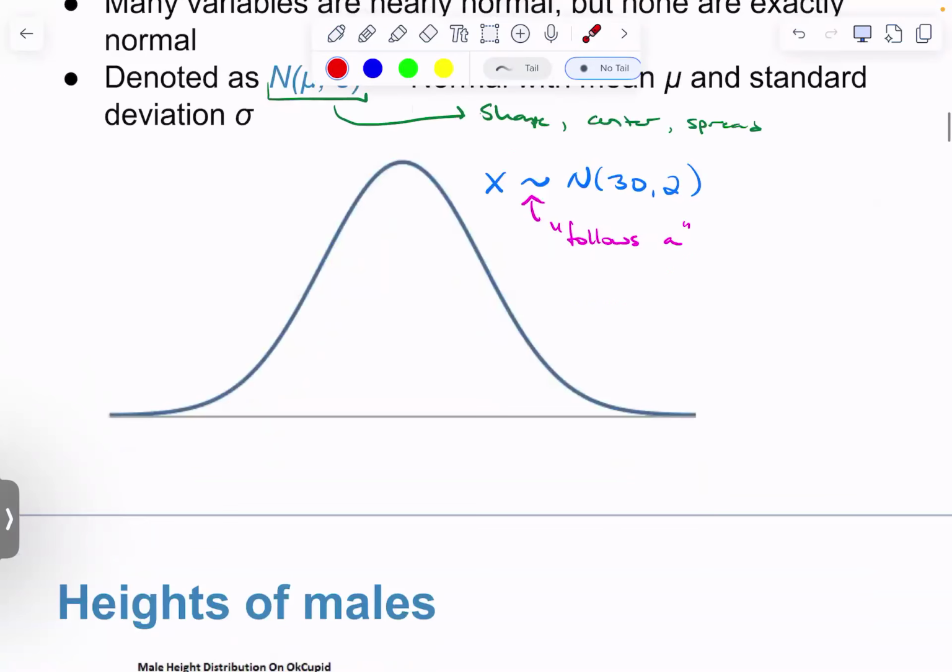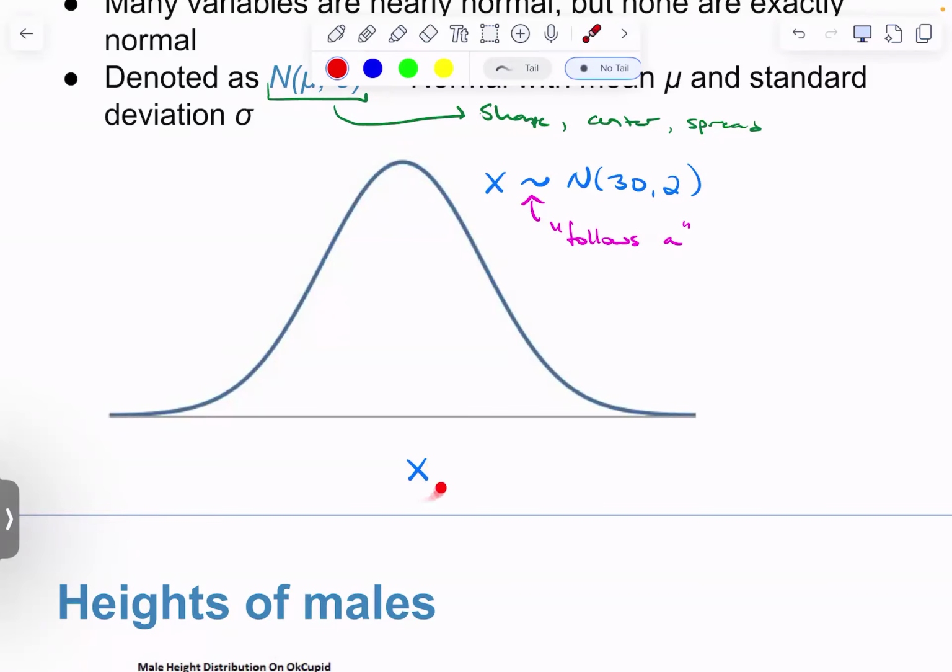So what this means is that down here, if we look at this normal distribution, on my x-axis, I have my generic x's, okay? X can be GPAs or heights or speeds, any numerical variable that follows a normal distribution.